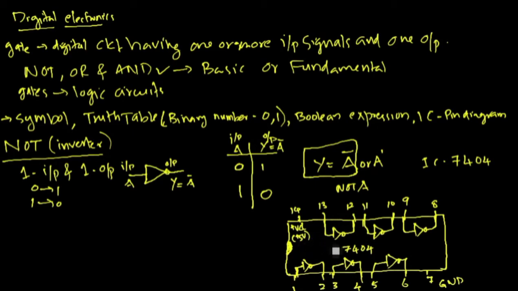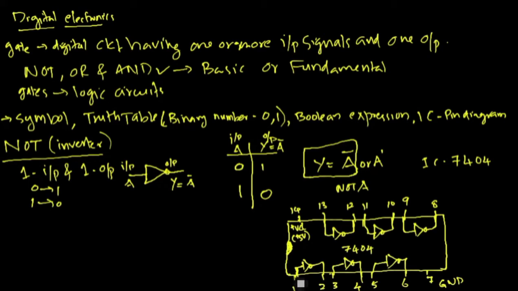To check the logical operation of the gates, first connect the ground of the power supply to pin 7 and plus 5 volt of the power supply to pin number 14. Then apply different logical values, either 0 or high input.